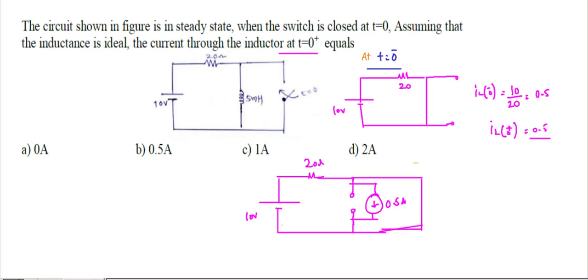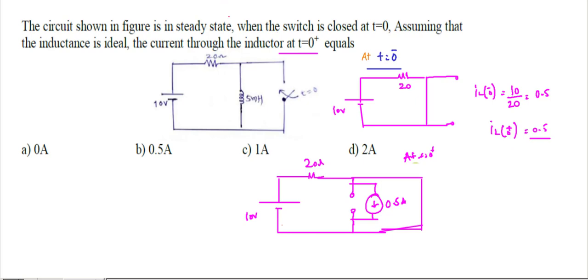This is the circuit at t equal to 0 plus. So I am asking you now, is IL of 0 plus 0.5 amperes or not? This is short circuited, which means the inductor is short circuited. So whatever I am giving, is the answer correct or not? Is there anything wrong? Please comment in the comment box.